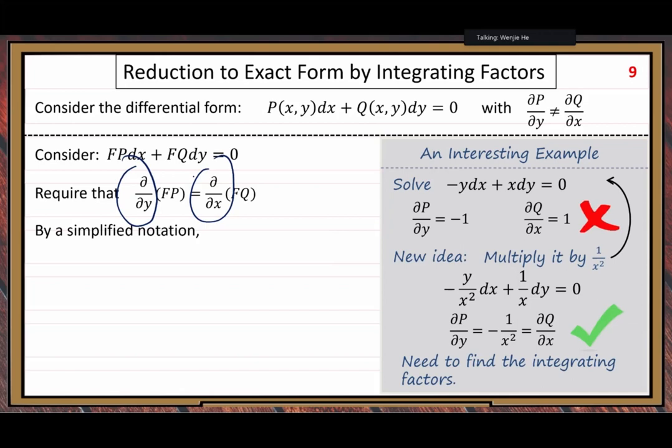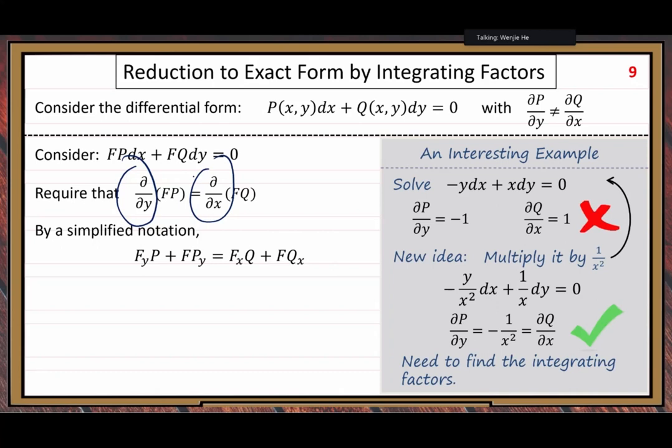Subscripts. We can use subscripts for partial derivatives. Here we use subscripts, the same product rule. Partial f over partial y, we write this f sub y. Simple. We do not change anything, but the notation difference is important here.